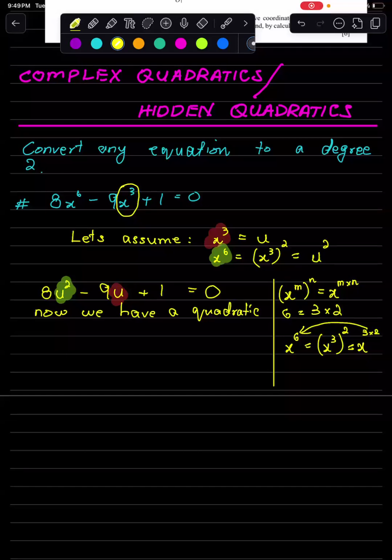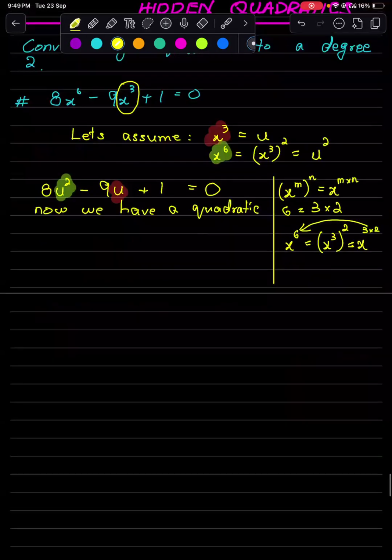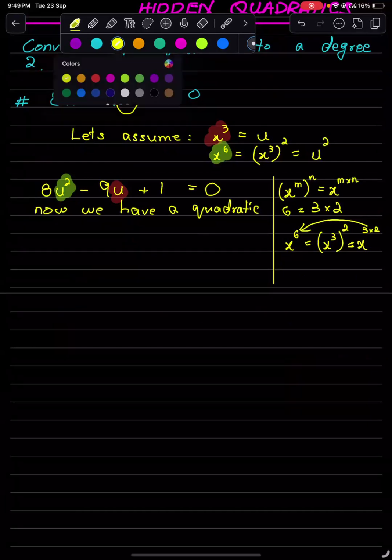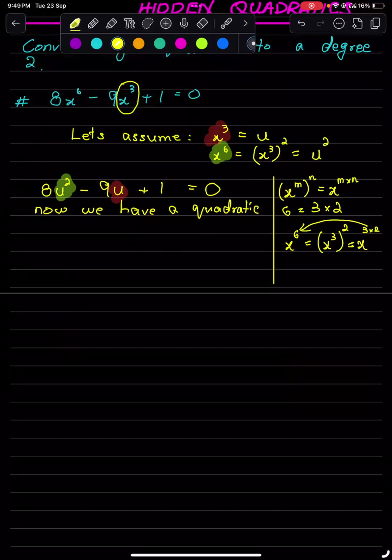All right. So now we have the quadratic. We would just solve it just like a simple quadratic. So the factors of 8 that are adding up to give me negative 9.